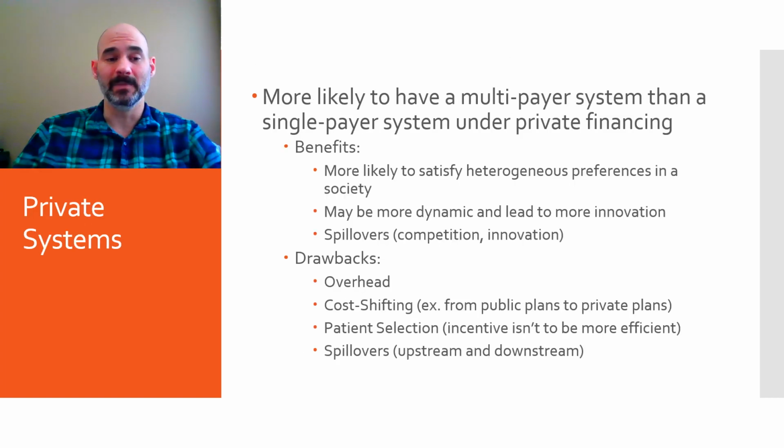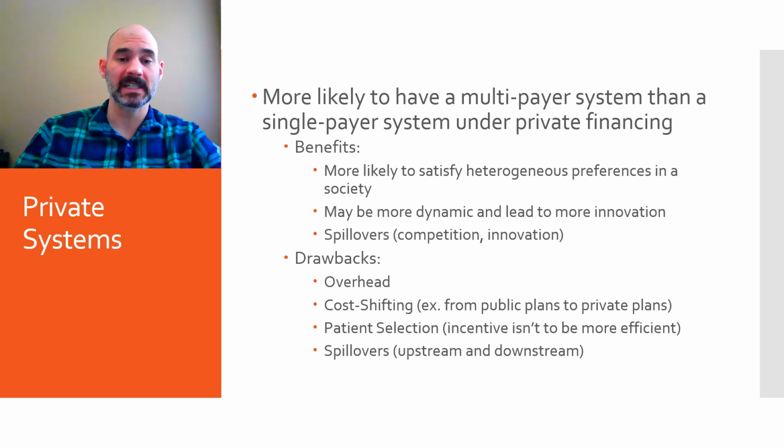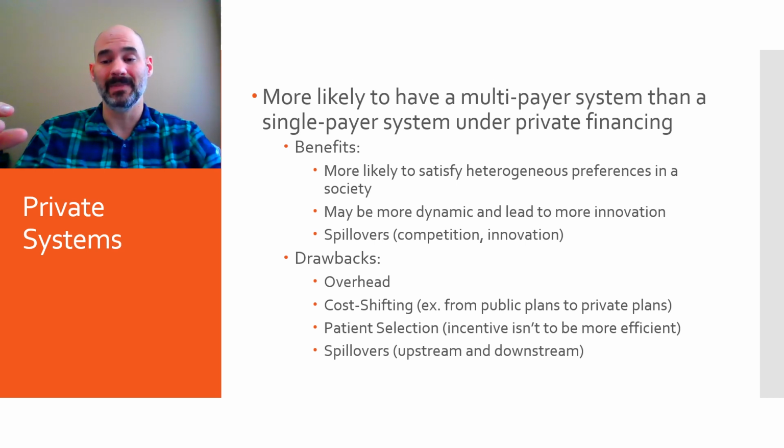Now, private systems of healthcare are similar to cash systems in that the financing of healthcare is mostly coming from private sources, whether that is out-of-pocket expenditure or coming from private health insurance. The provisioning of the services in a private system is going to be more private and less public than in a cash system.